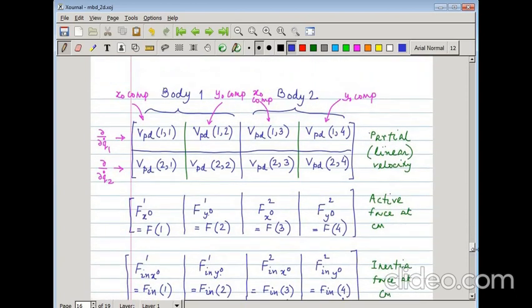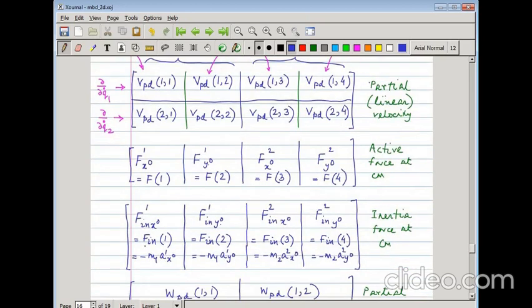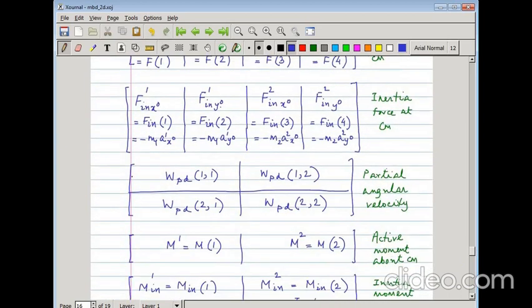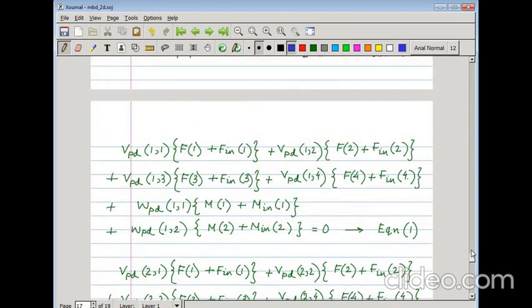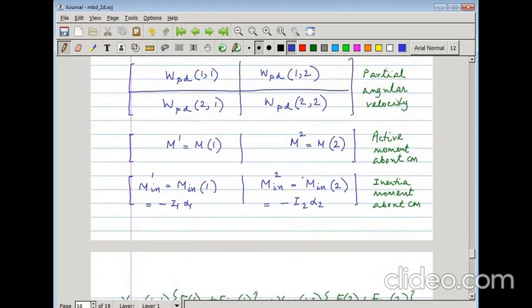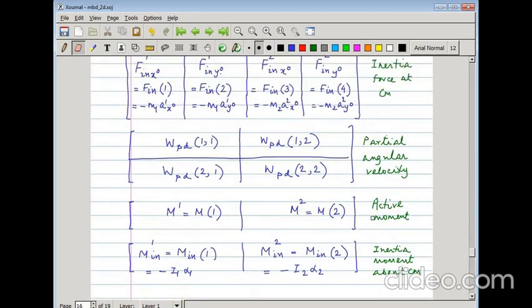Now if we again look at the equation as in our previous video on Kane's dynamics, we will see this is the partial velocity matrix, this is the active force vector, this is the inertia force vector, this is the partial angular velocity, this is the active moment about the center of mass. By active moment about the center of mass, we mean that all the externally applied forces are brought to the center of mass, and the resulting couple moment in a rigid body can be shifted anywhere.